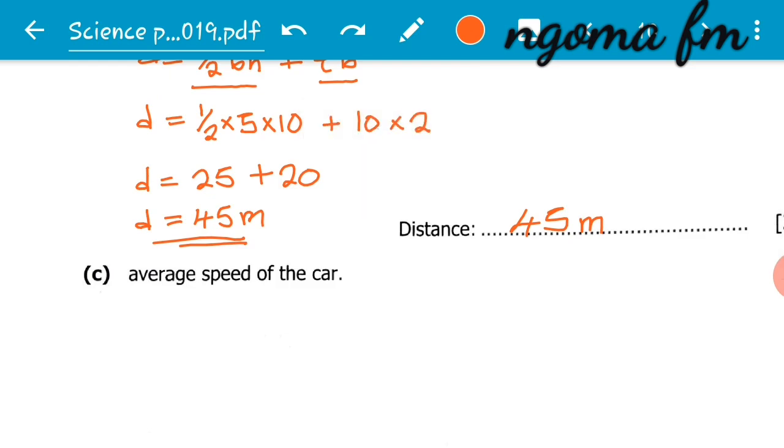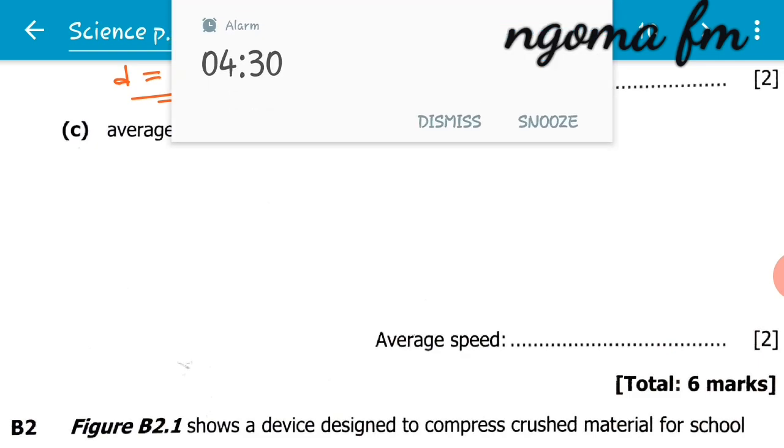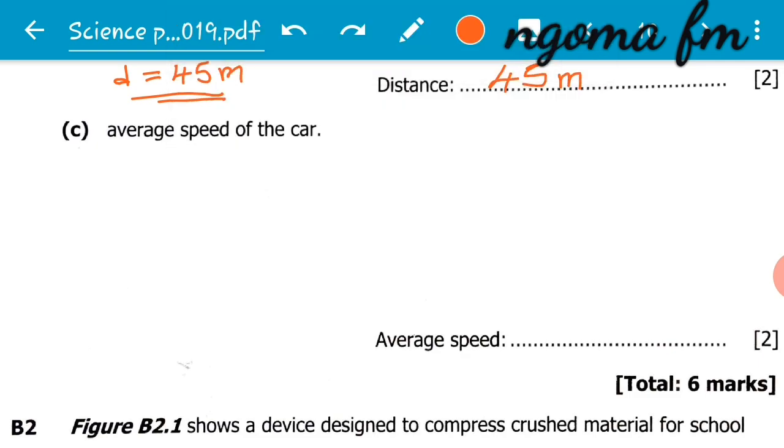Then finally we have average speed. What was the average speed of the car? Now, when it comes to speed, we know that speed is equal to distance over time.